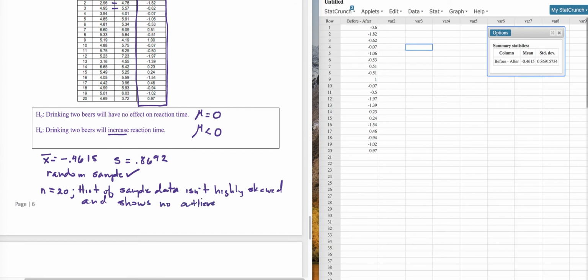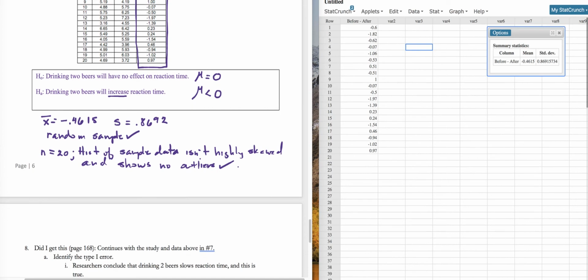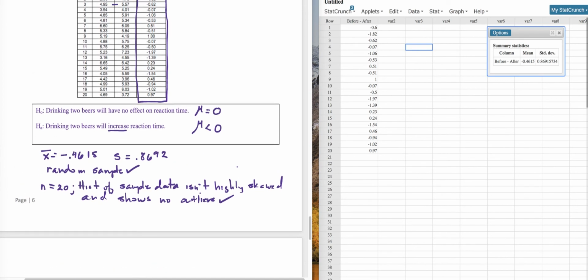So we are good to proceed, but perhaps we'll put that in our final conclusion.